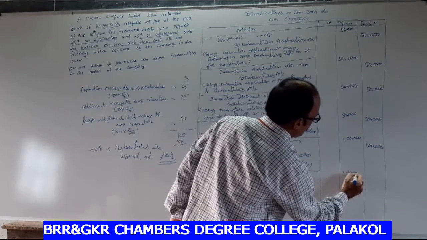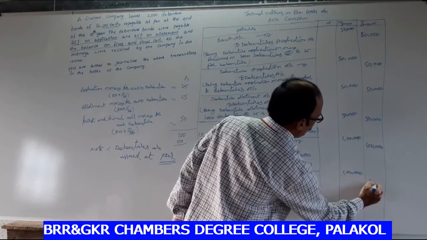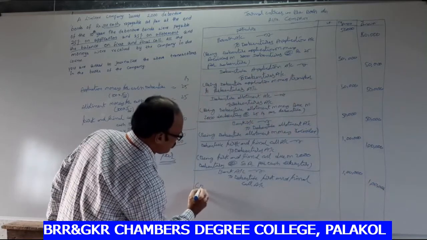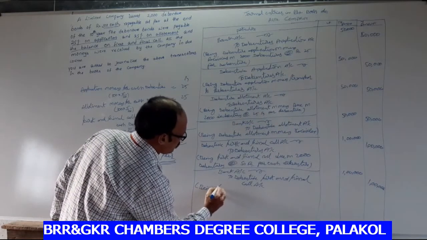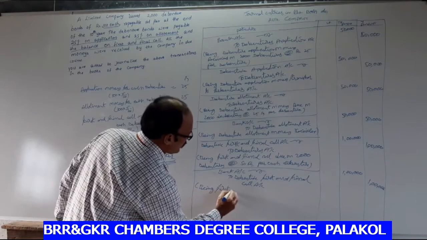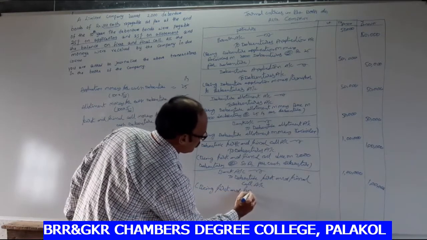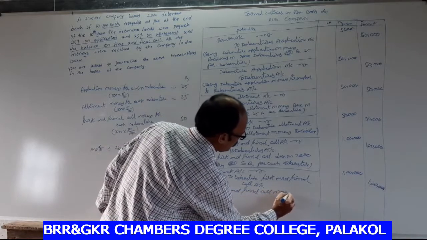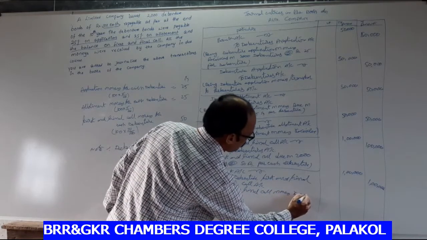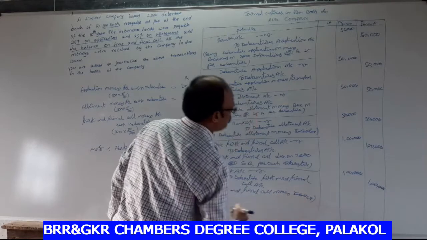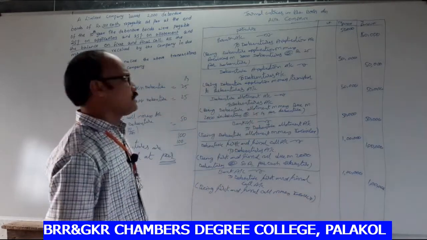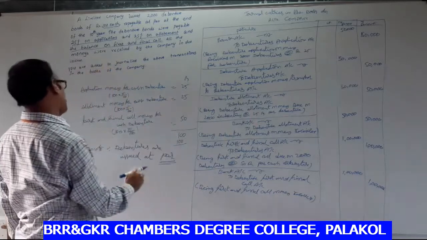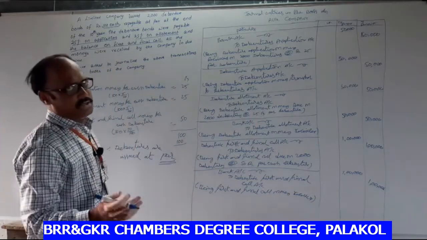How much amount received? 1 lakh, being first and final call money received. Okay, look at the transactions. First, application money, 2 journal entries; allotment money, 2 journal entries; first and final call money, 2 journal entries.